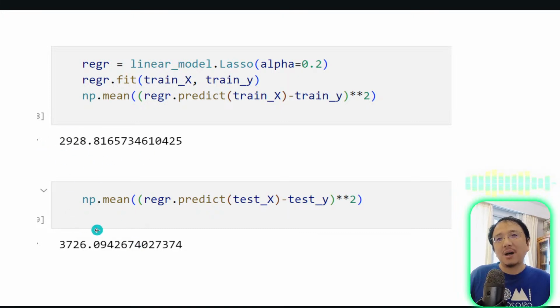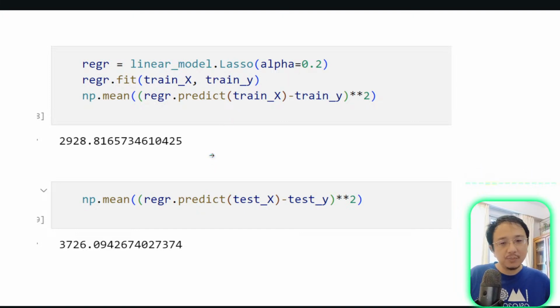The test error is still a bit larger than the training error. So you can choose a different value of alpha in order to reduce the overfitting problem.